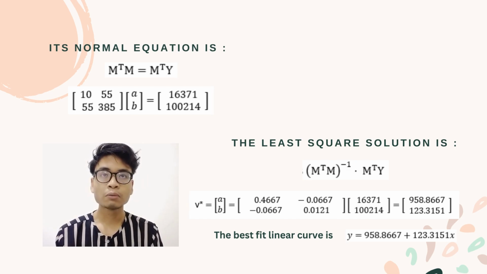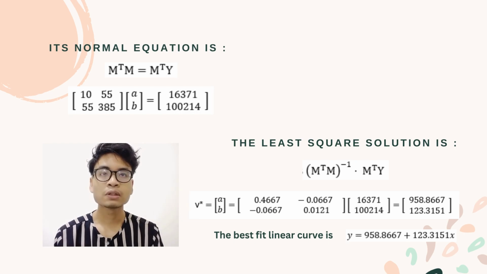Then we need to multiply the transpose of matrix M with matrix Y. Note that the transpose of matrix M has dimension 2 by 10 and matrix Y has dimension 10 by 1. At last, we will get the normal equation as shown above.